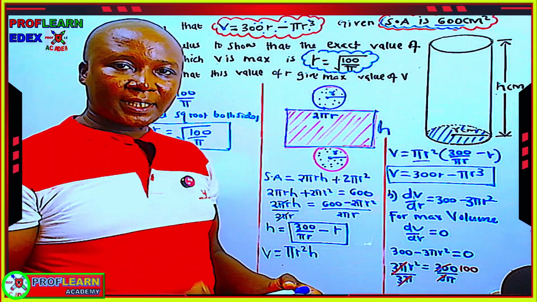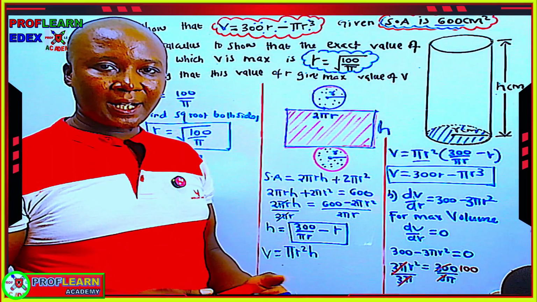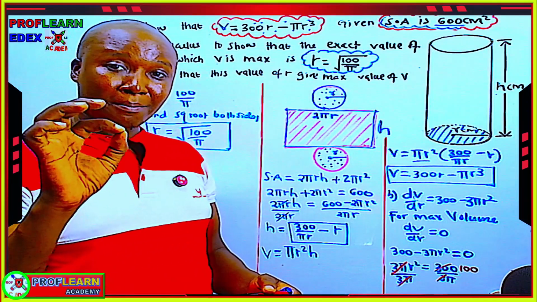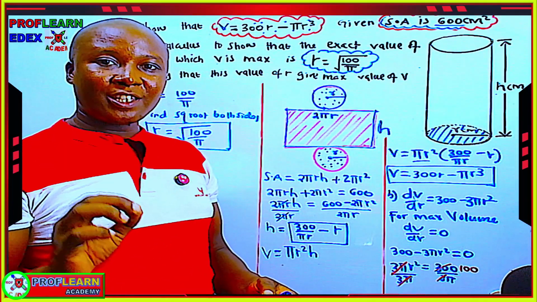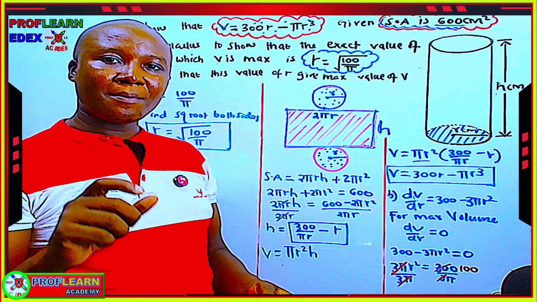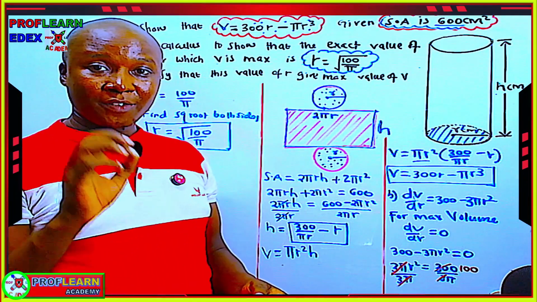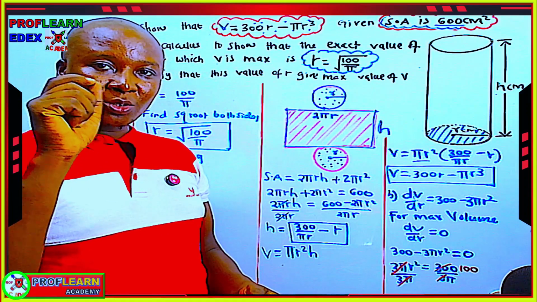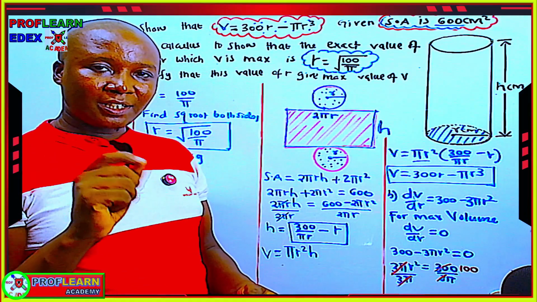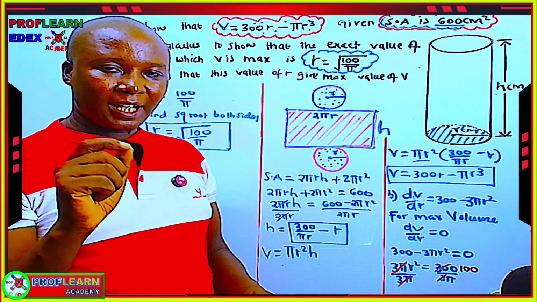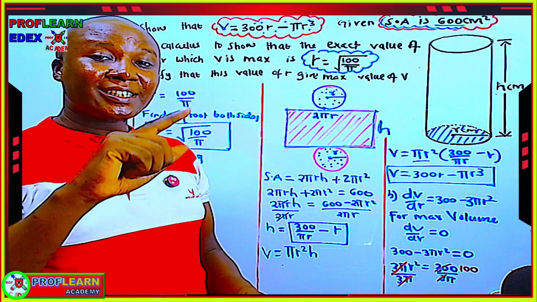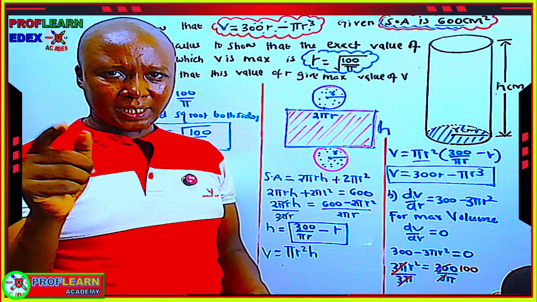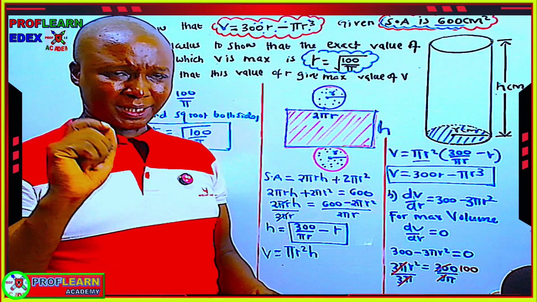If you find the second order derivative and you realize that your value is greater than 0, it means that's the minimum volume. Let me repeat, if you find the second order derivative, d squared V over dr squared, and you find it is greater than 0, that is the minimum volume.